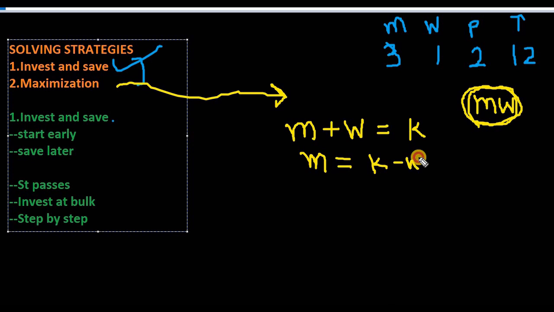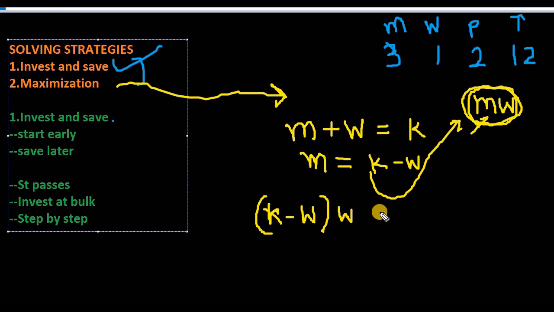So I substitute this value into the equation, and m becomes k minus w, multiplied by w. So the new equation will be kw minus w square.